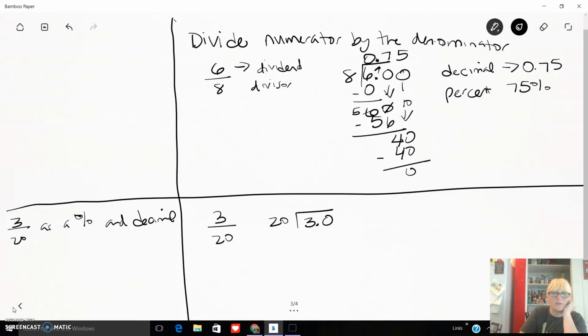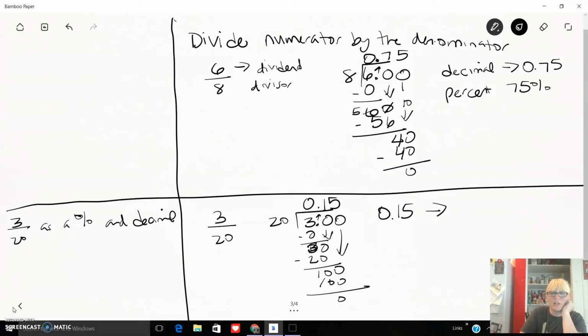So I'm going to need a decimal. 20 goes into 3, 0 times. 20 times 0 is 0. Okay, 20 goes into 30, 1 time. 20 times 1 is 20. 3 minus 2, get another 0, bring it down. 20 goes into 100, 5 times. 20 times 5 is 100. So my decimal then is 0.15, which changes to 15%.